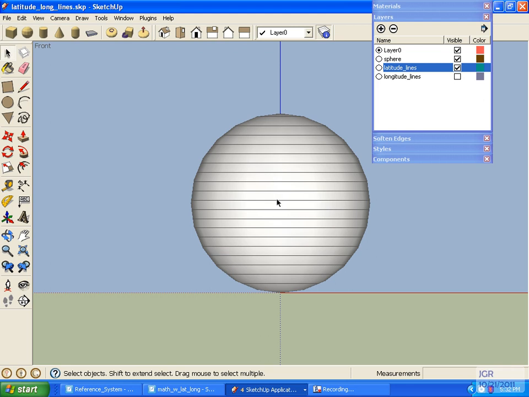So if this is the equator, this would be, let's say, 10 degrees from the equator. This would be 20 degrees, 30, 40, 50, 60, 70, 80 degrees, and of course this would be 90 degrees. So you can see that the latitude lines tell us how north and how south you are, even though they run from east to west. And that's key to know.